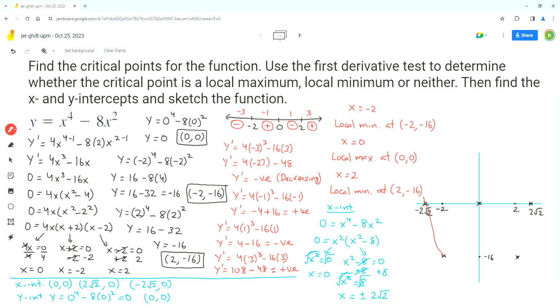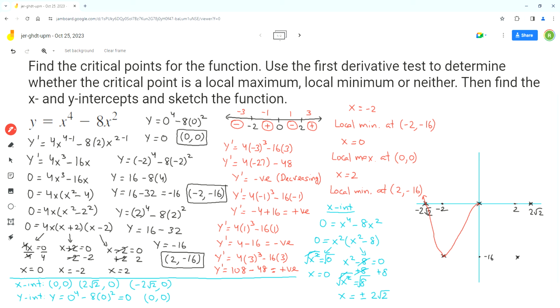Now between negative 2 and 0, the function is increasing. So the function will go up from left to right. So as you can see, as you go from left to right, the graph is going up, and it will go all the way to the local maximum at 0, 0. And then to the right side of 0, the function is decreasing.